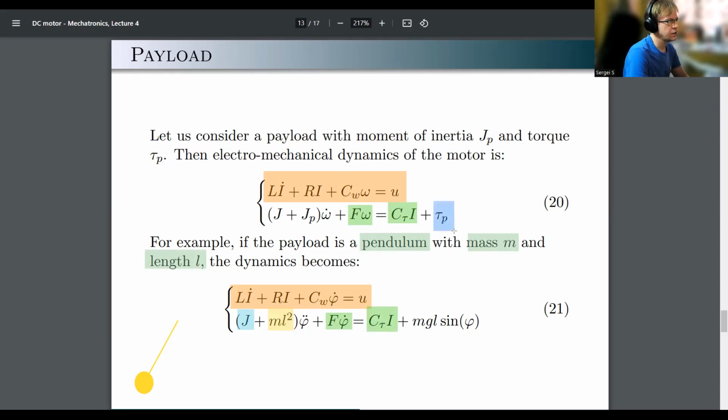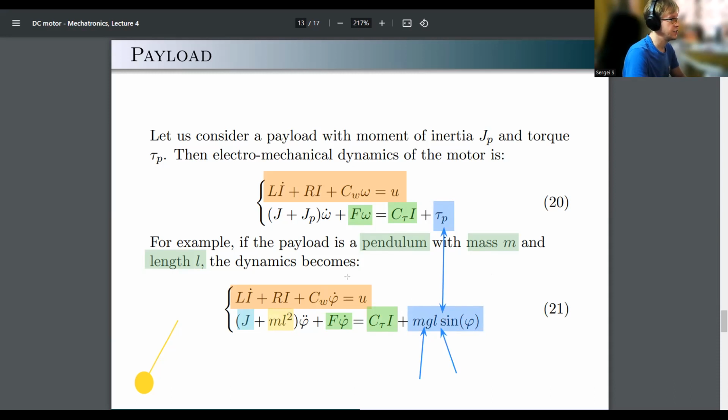And here our payload torque is the same, but here it is opened up. So what is it? It is a gravitational force, so mass times gravitational acceleration. This is the force that produces torque. And here, times L sine phi.